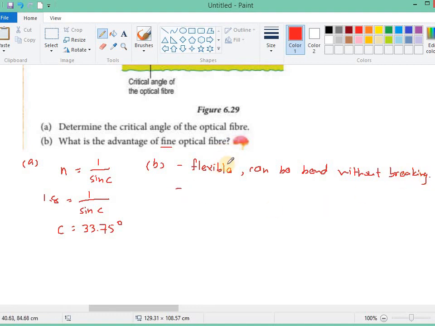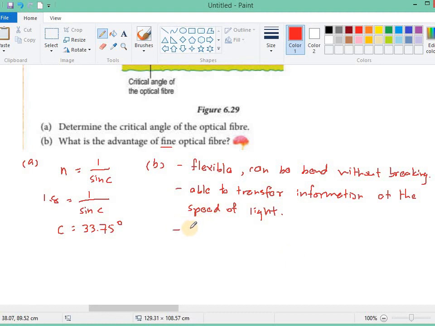Next, it is able to transfer information at the speed of light. That means it can transfer information very fast.